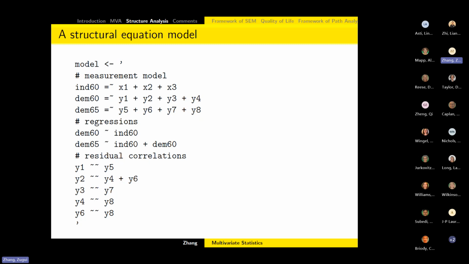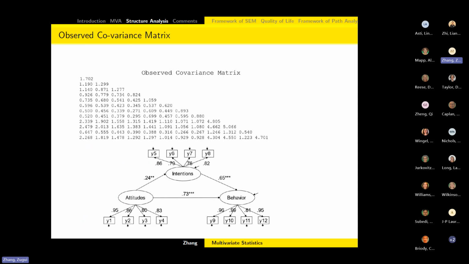So this is the structural equation model, and this is how we use it to get the equation. After running the analysis, based upon the observed covariance matrix, we can get the loading for each component.